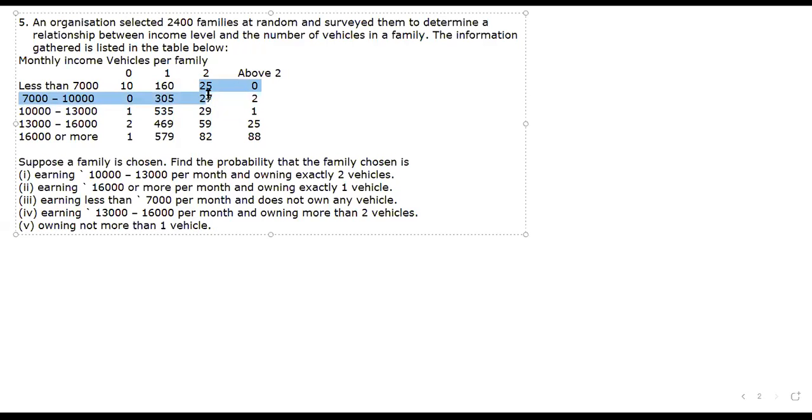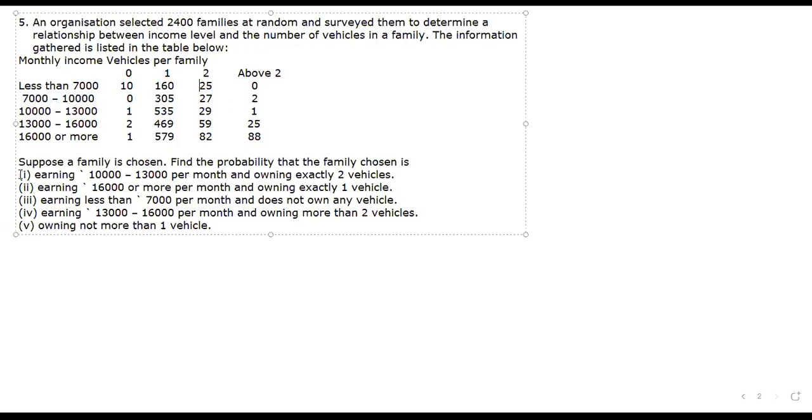Exactly. These last 2 are not allowed, that is the 2-vehicle families and above, because they are owning more than 1. We want not more than 1 vehicle, meaning those who own 0 vehicles or those who own 1 vehicle. Yes or no? Good.